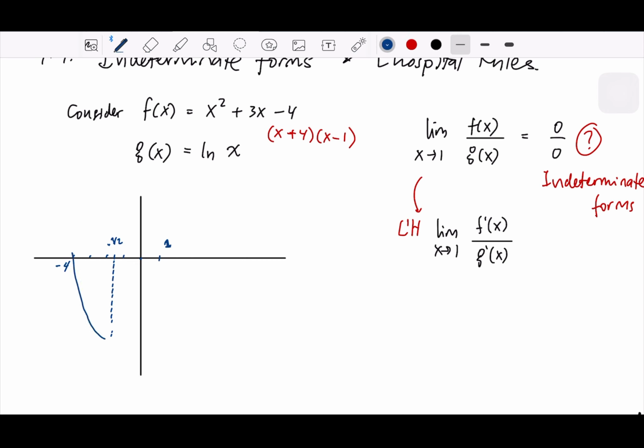Let's say that is our graph. So this is for f of x.